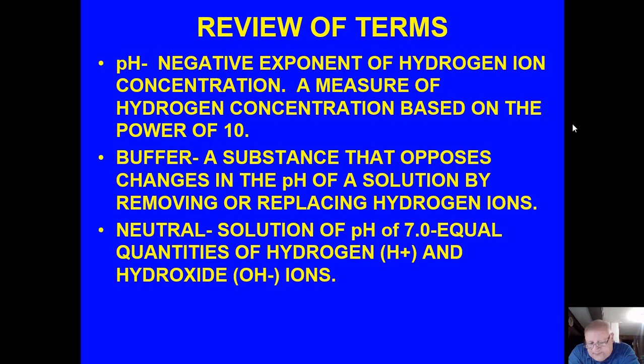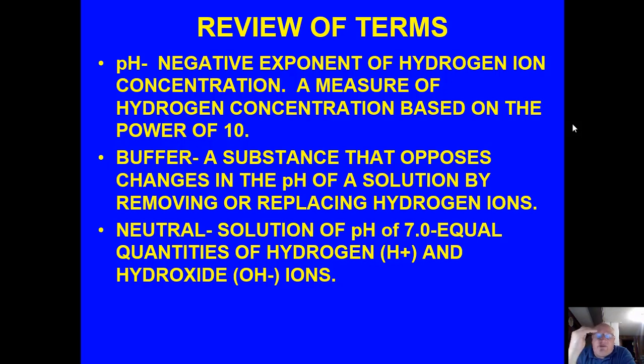Here's the basics. Anytime that we say a pH and we give it a number, let's say 5, and we drop the pH to 4, what we're actually doing is increasing the concentration of hydrogen ions by a factor of 10. So if I go from 5 to 4, I've increased it by 10 times the concentration. If I go from 4 to 3, the hydrogen ion concentration increases again by a factor of 10.